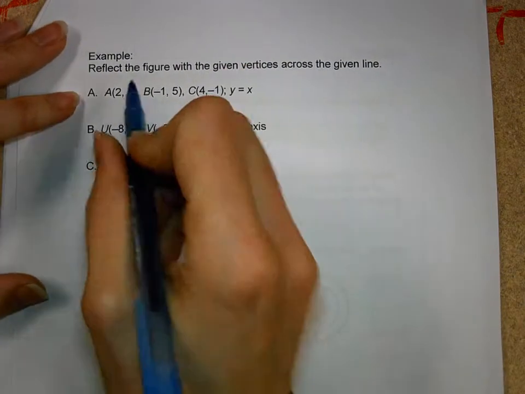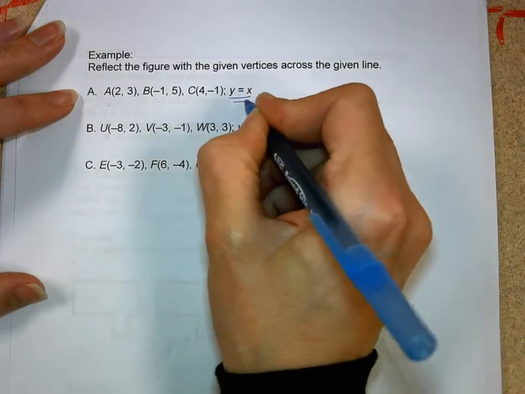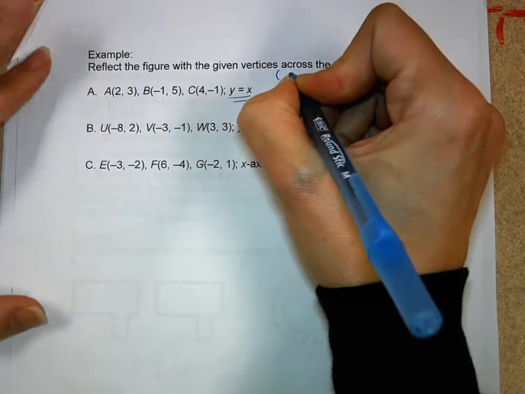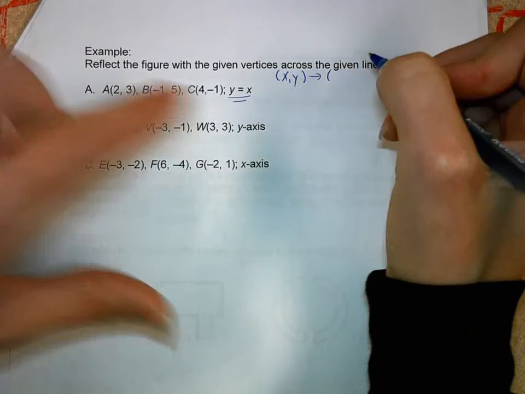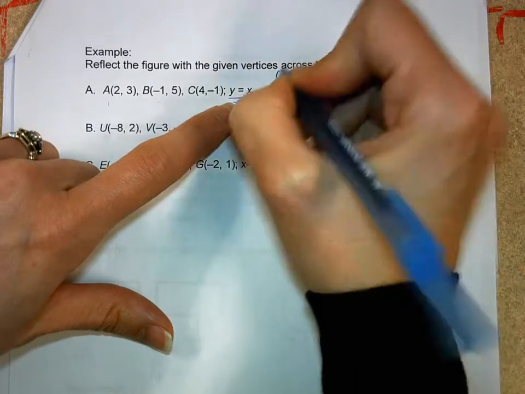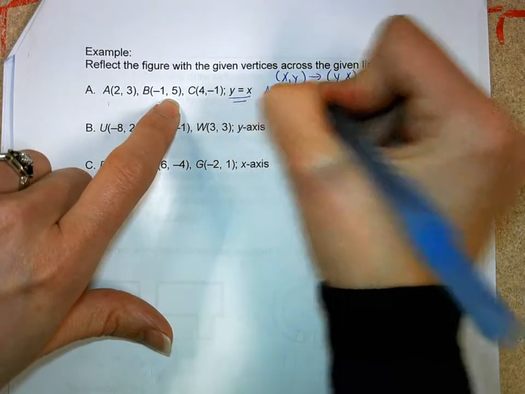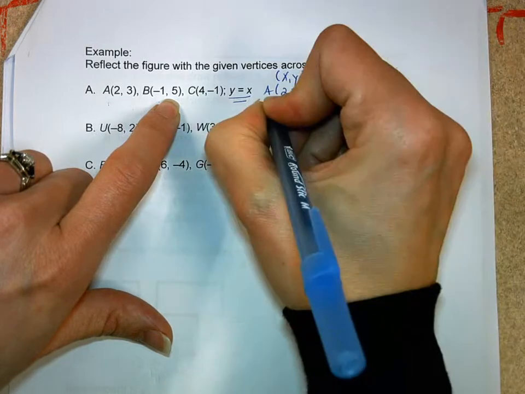So remember on A, I have my 3 points on my triangle. I'm going to reflect across the line y equals x. So my original mapping, my arrow notation, is going to be (x, y) goes to, and if y equals x, it flip-flops to (y, x). So I'm going to do my mappings now. A goes to (2, 3), but A prime goes to (3, 2).